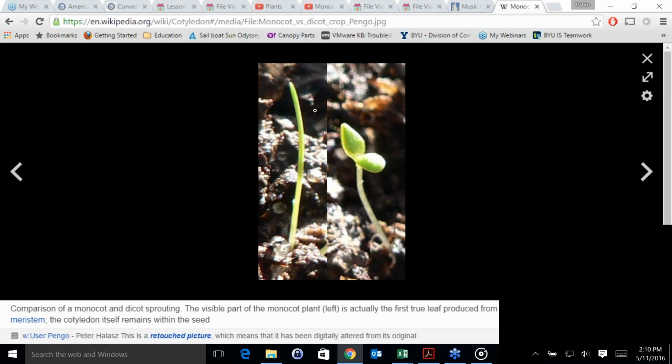It enlarges and starts the process of photosynthesis. So these two, for example, are from a dicot plant, and these are not leaves. These are transformed leaves.